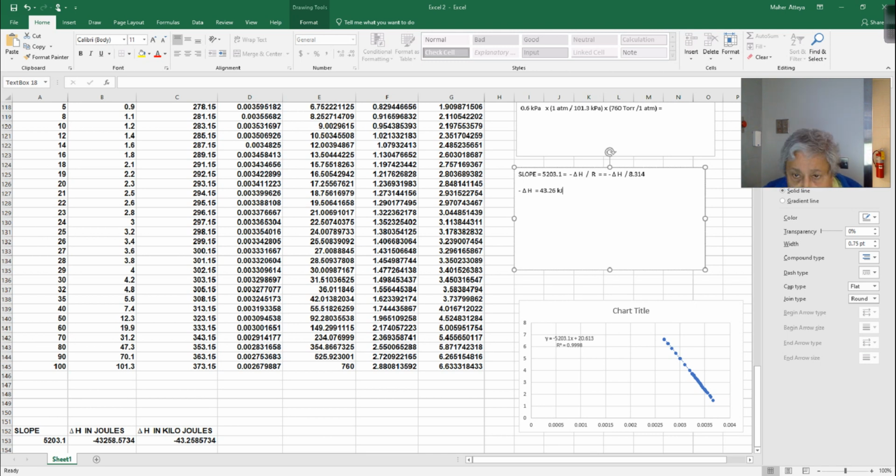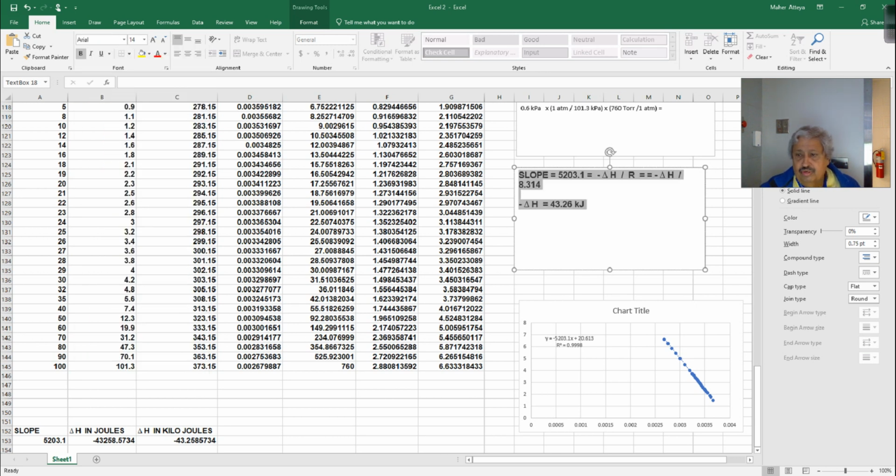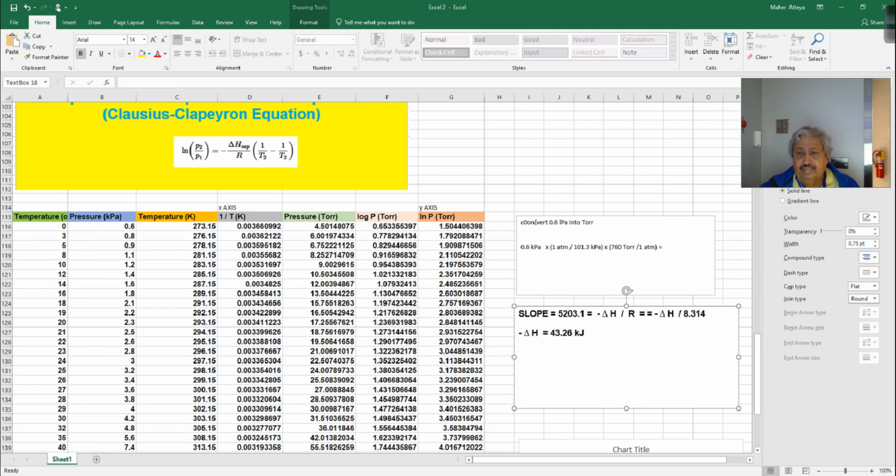Okay, guys. So kilojoule, that's here. We can highlight it and put it like 18 bold Arial. So you can add this one here. This is delta H, and you can highlight, take this one here out.